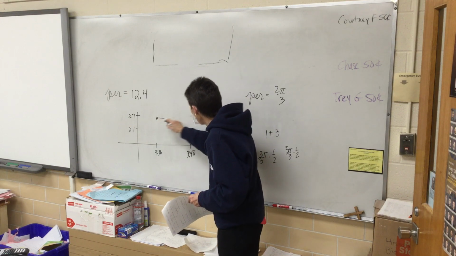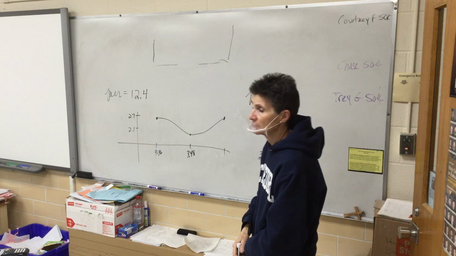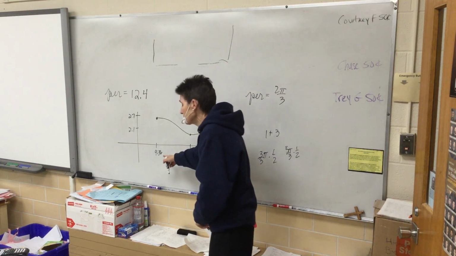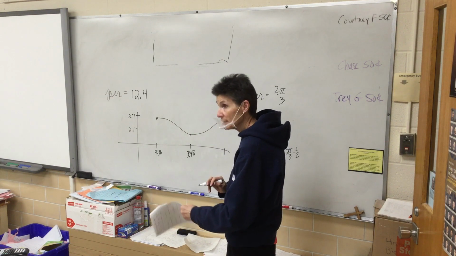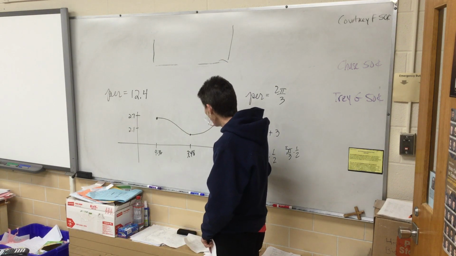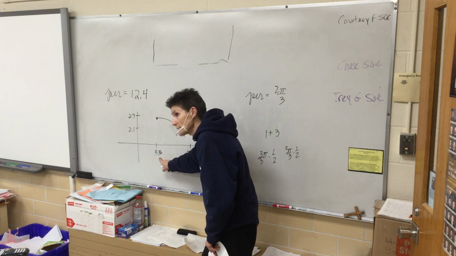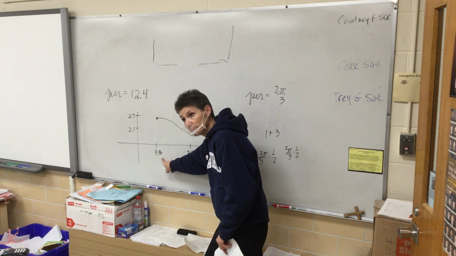From high tide to high tide would be how long? 12.4. Or, since that's in minutes, it'd be 12 hours and 24 minutes. So the next high tide can be expected 12 hours and 24 minutes after this one. Would you agree with me?